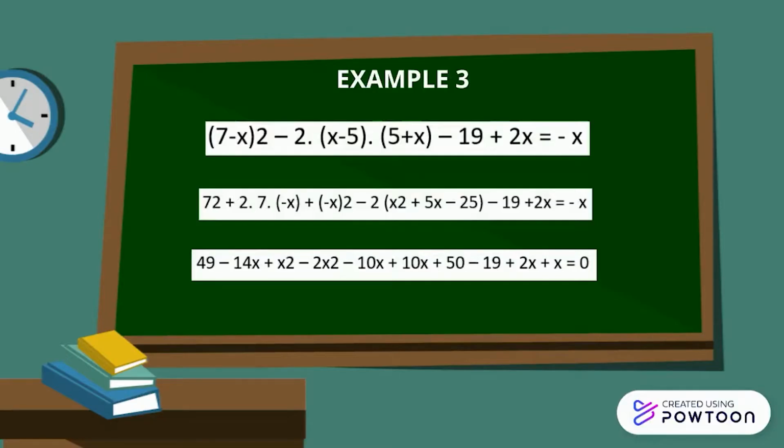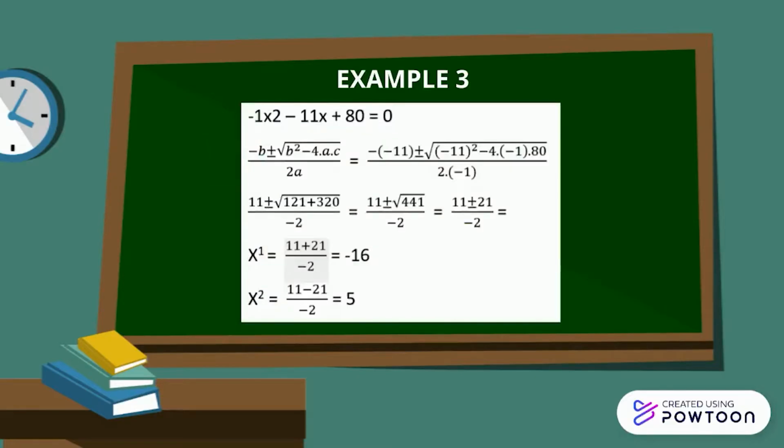Finally, we put together the numbers that don't have an x, the ones that do have x, and the ones that have x squared separately, and use the quadratic formula to find x1 and x2.